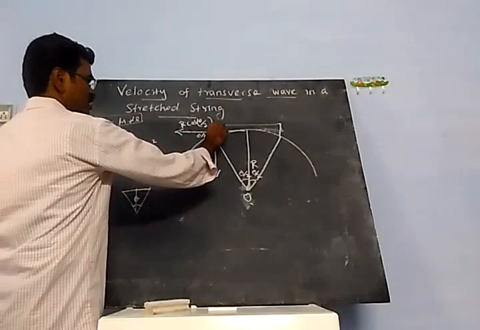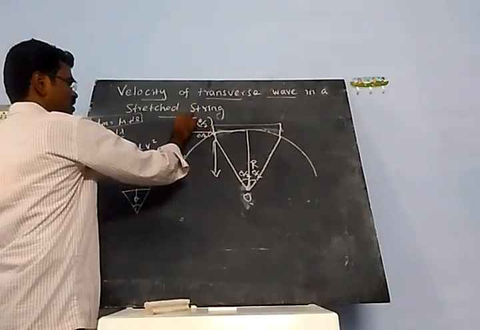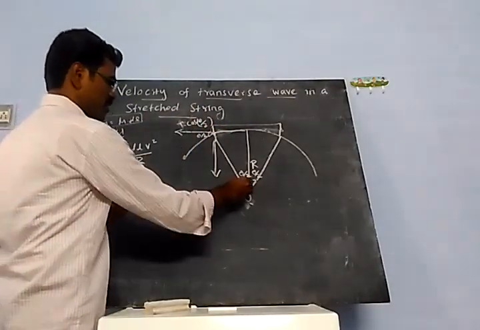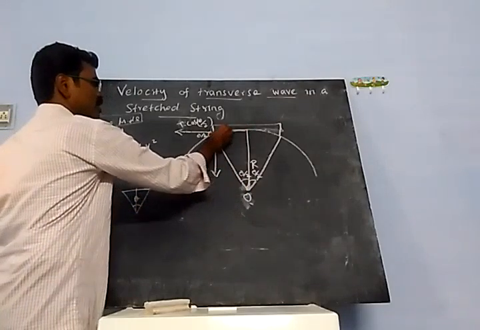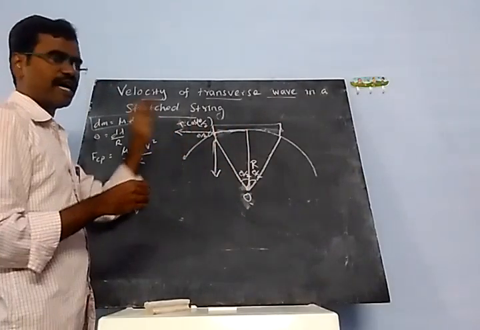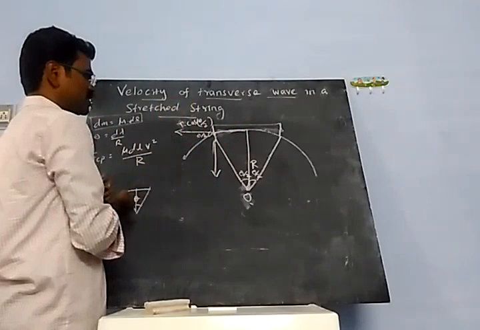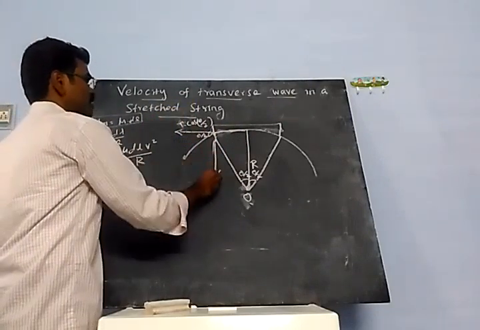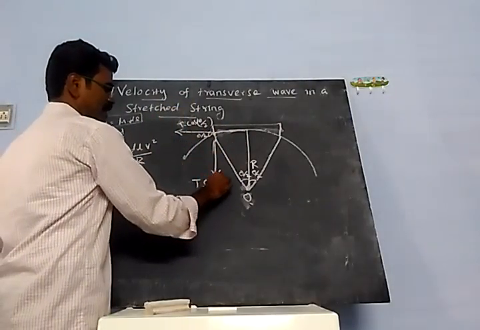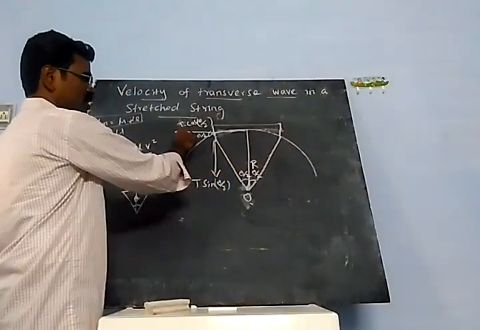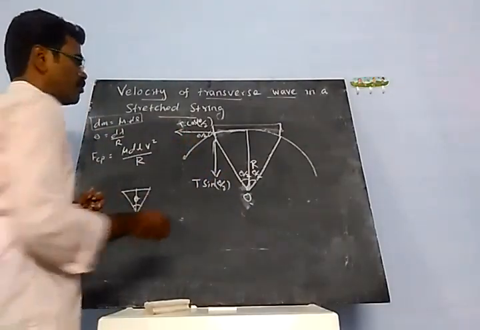So this will be a tension, not R, tension, because this curve. So how much tension will be acting? Okay, so T cos theta by 2, and this one T sin theta by 2. This is the horizontal component and this one the vertical component.